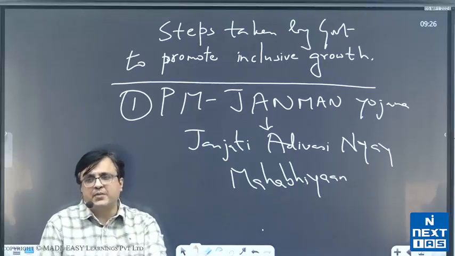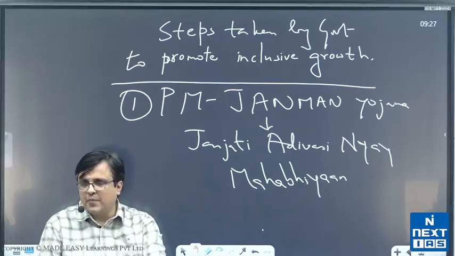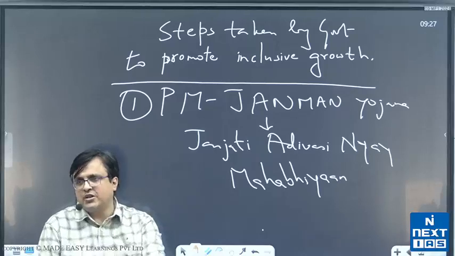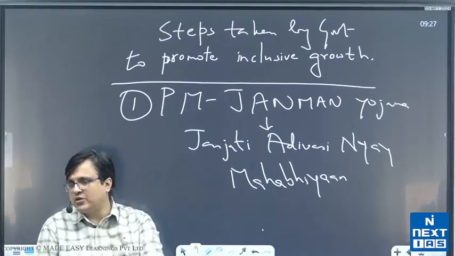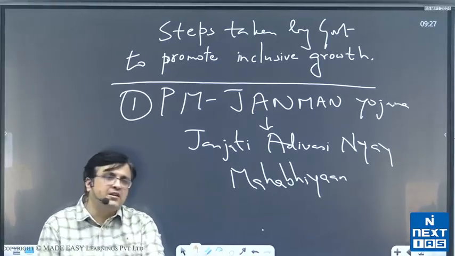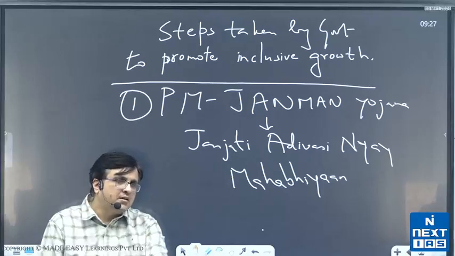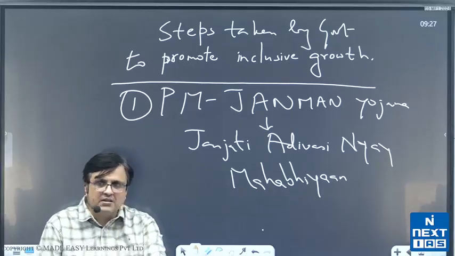Saturation means covering 100% population. All right, जब सारे population cover हो जाए तो हम कहते हैं that is saturation. So testing till saturation for sickle cell anemia. Again, sickle cell anemia is a common disease in the tribal belt.